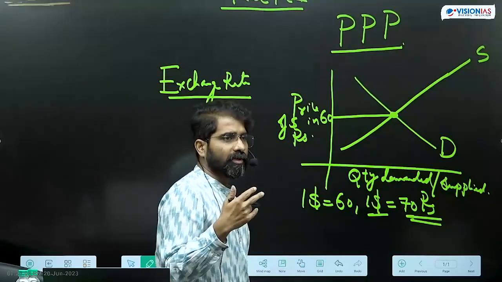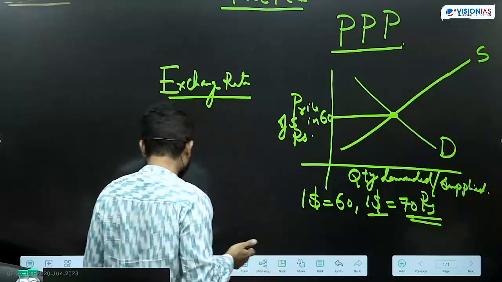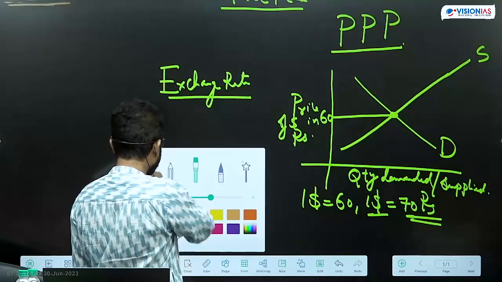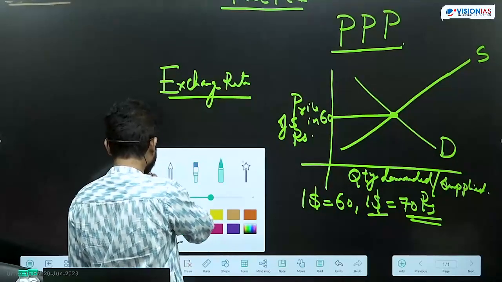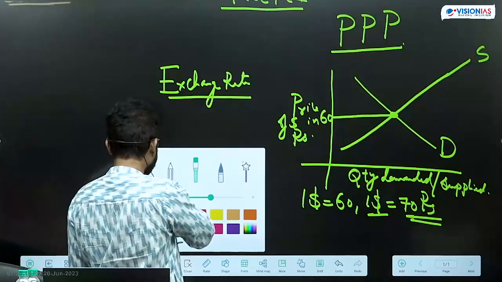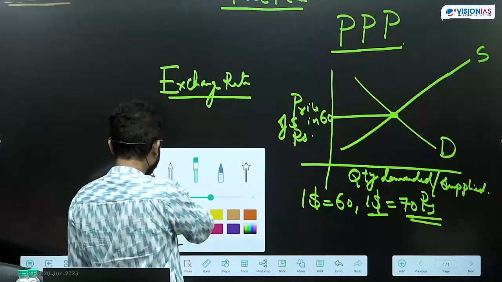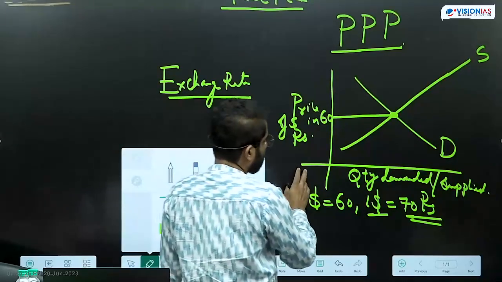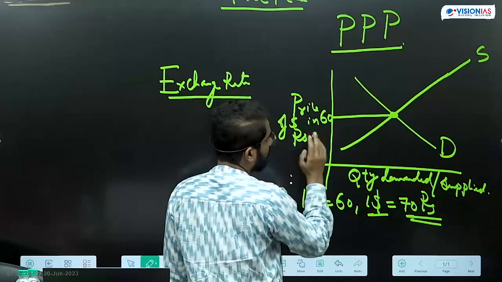Now there is too much demand. Demand for dollars increased in the market. What will happen to the demand graph?